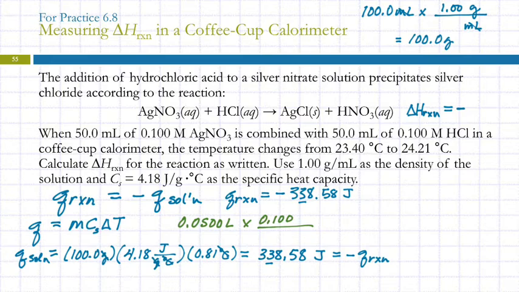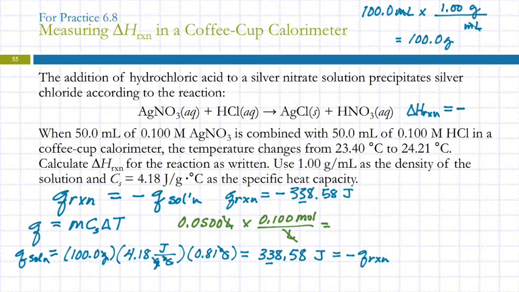Capital M stands for what? Moles per liter. Capital M is not an abbreviation for mole. MOL is the abbreviation for mole, okay? Capital M means moles per liter. So write it out that way. The capital M, moles per liter. So the liters cancel, and that's going to give me moles.